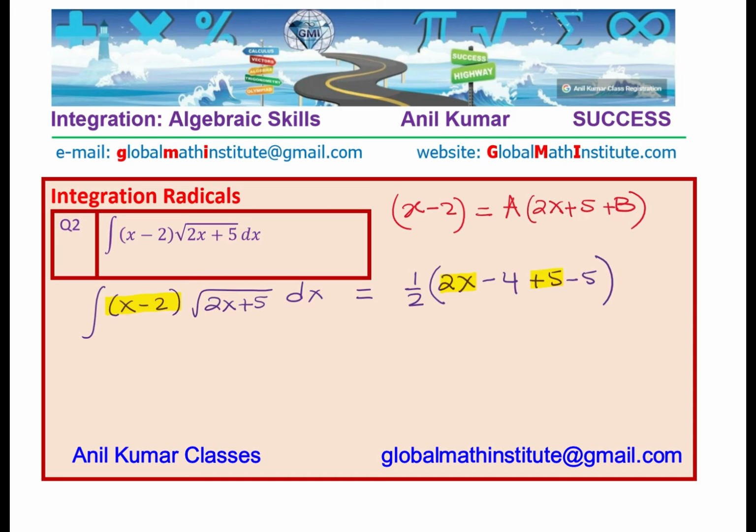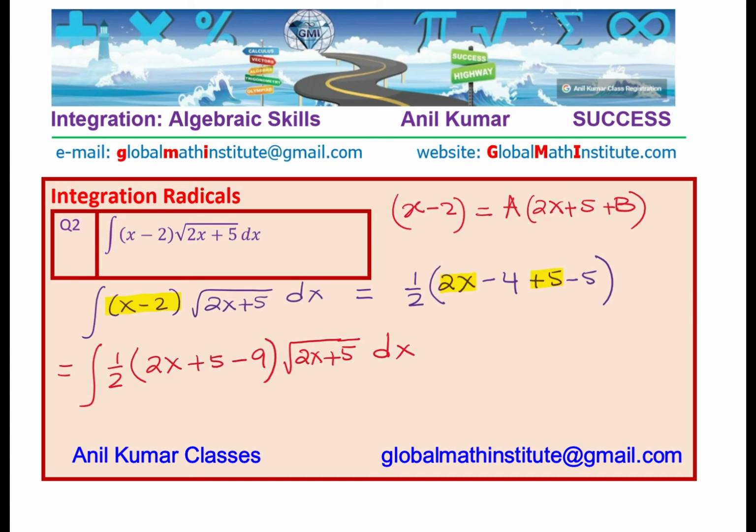So we can rewrite this integral as, look here, half, 2x plus 5 minus 9, you see that? Minus 9, and square root of 2x plus 5. Do you see? That is the algebraic skill which we are looking forward to.